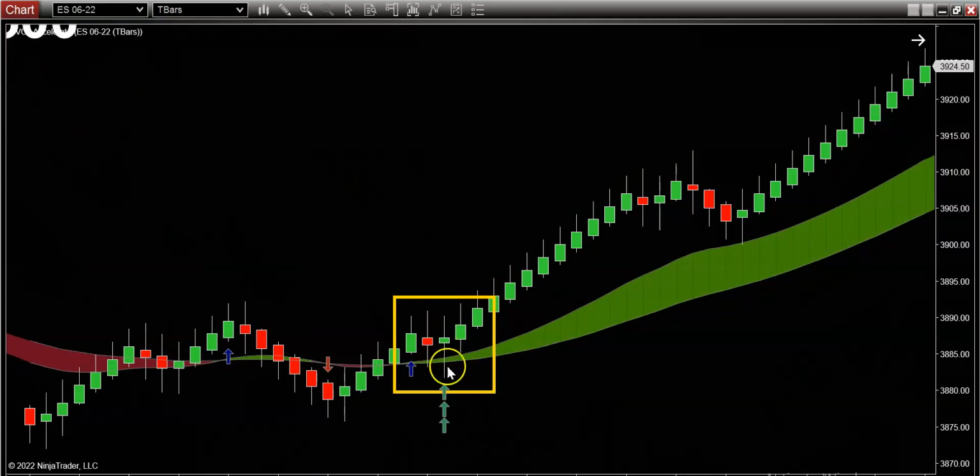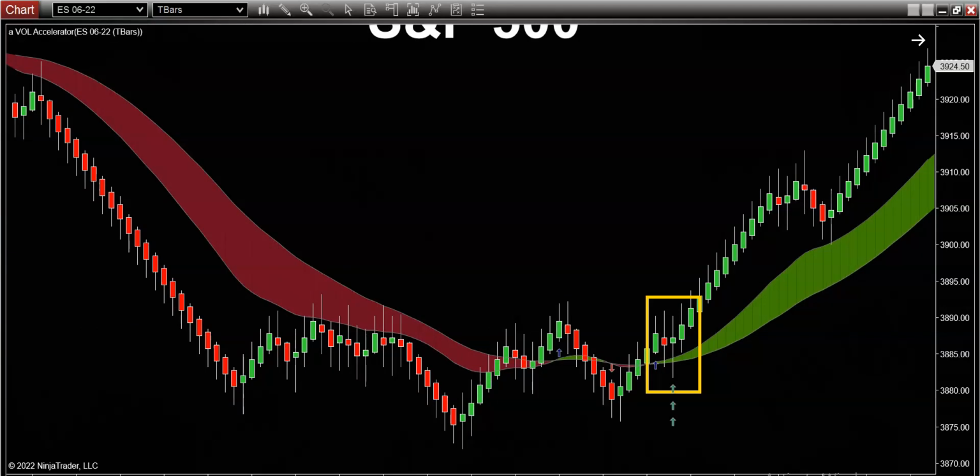We need a setup like this where the retracement happens, but it also happens on a bar color match. The color of the bar has to match the color of the volume indicator. That's all we're looking for. We're looking for confluence. Multiple factors have to line up in our favor. That's how you qualify a trade, ladies and gentlemen.